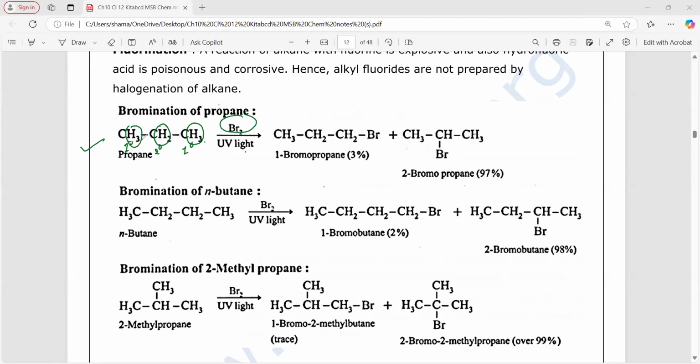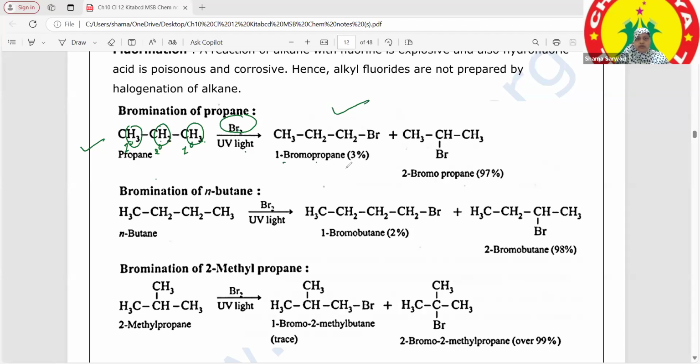Yes, ma'am. So either this Br will take a hydrogen from primary carbon or from the secondary carbon. When it is taking from the primary, you will get the compound 1-bromopropane, right? It becomes CH3, CH2, CH2Br, correct? HBr would be side product.